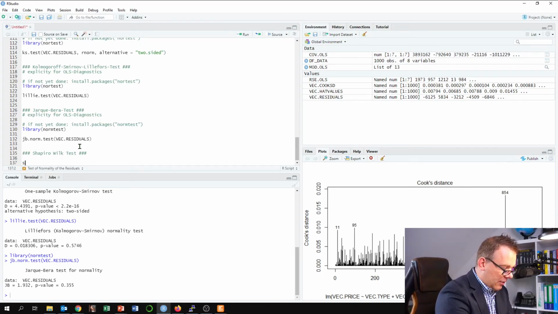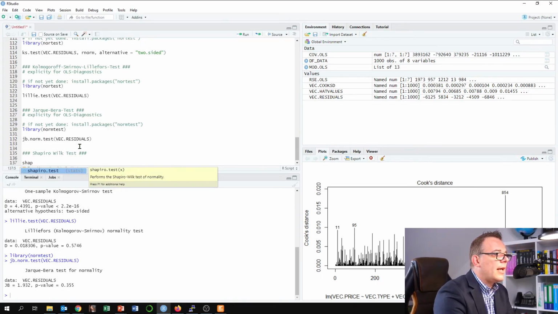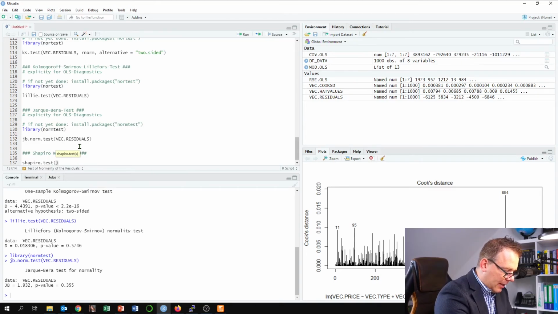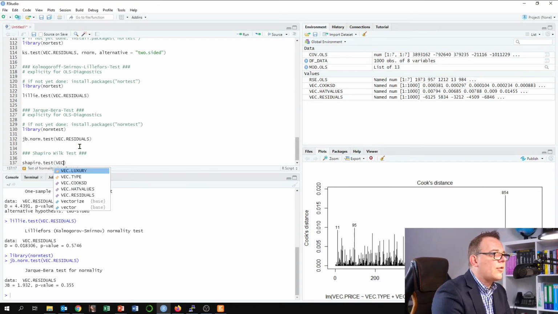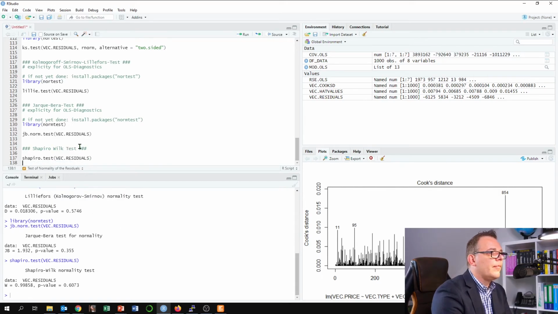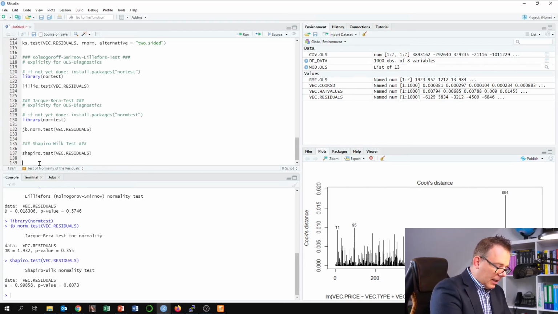And that is shapiro.test, of course. And again, the vector of residuals. I run this and I get the p-value. We stick with our null, normally distributed. But again, the Shapiro-Wilk test is not well suited for OLS diagnostics. There is a better alternative.